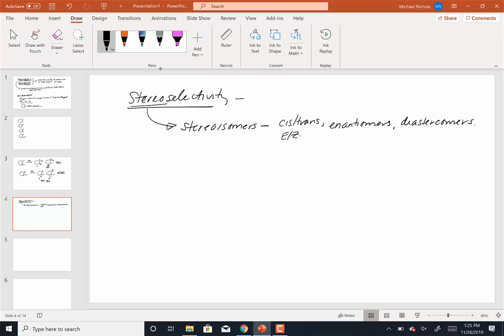Let me just say, when you make a racemic mixture, which is automatically a 50-50 mixture of enantiomers, it will never be stereoselective. Okay, so in terms of the not stereoselective, the first one is if your reaction makes a racemic mixture.